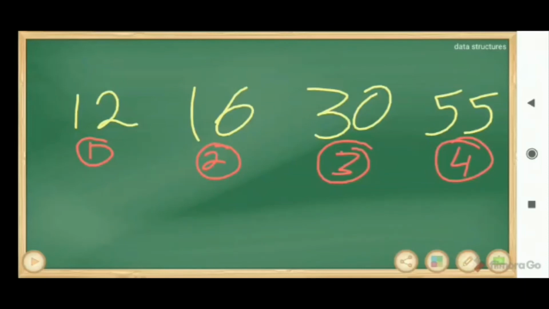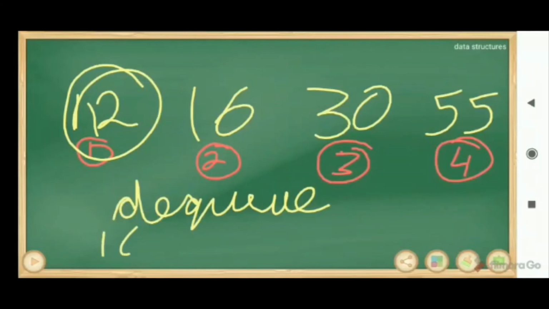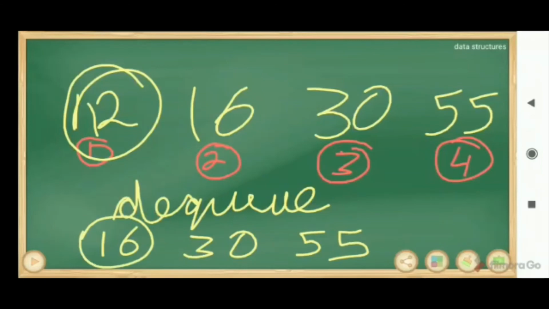When we apply DQ operation, deletion takes place at the front end, and the queue becomes like this. And 16 would become our front element now.